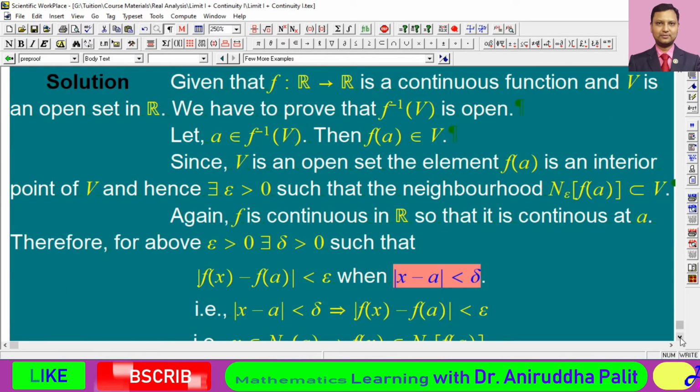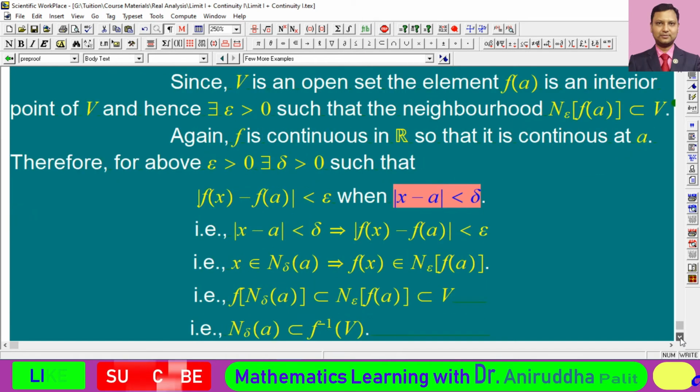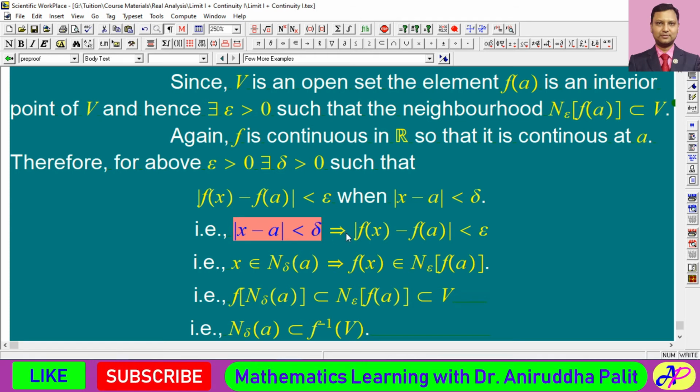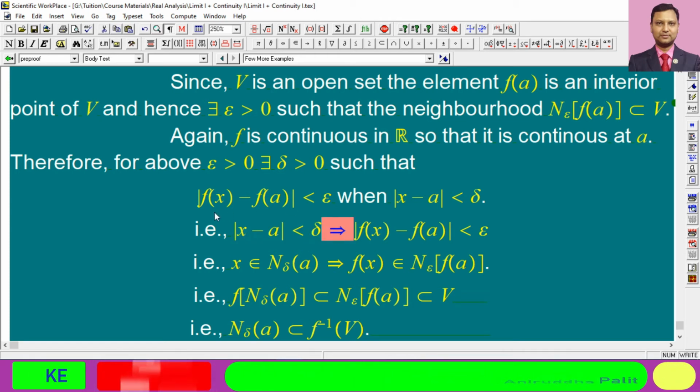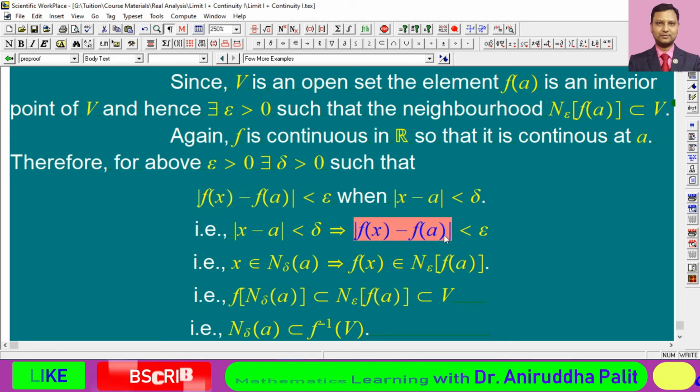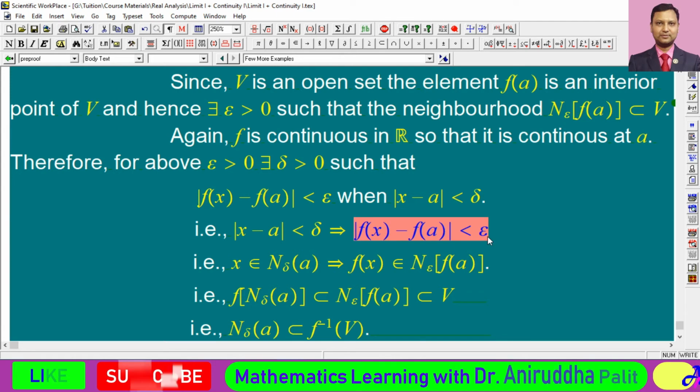এটাকে একটু অন্যরকম ভাবে আমরা লেখার চেষ্টা করছি। আমরা এটাকে বলতে পারি whenever modulus of x minus a is less than delta, then this must imply that this first inequality is satisfied, that means modulus of f of x minus f of a is less than epsilon.